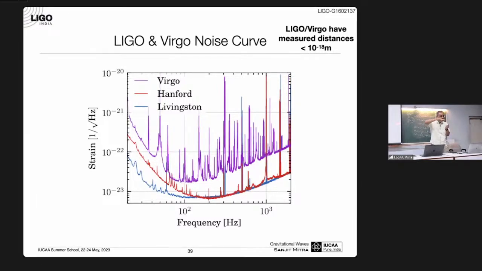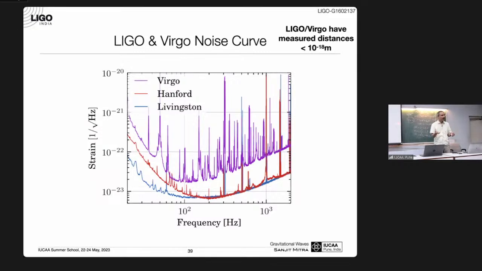So it creates a track in the time-frequency map. That track is different from the noise, but noise could also take such a track. But the probability that a noise creates such a track in 2 detectors separated by 3,000 kilometers at the same time is extremely low. And that's how you put it. So whenever you see a signal, it is always possible that it is a noise.